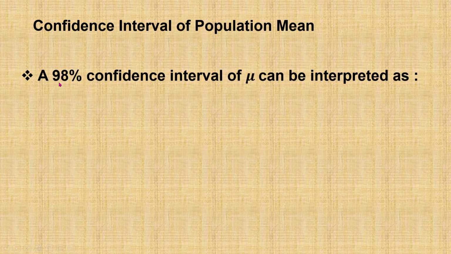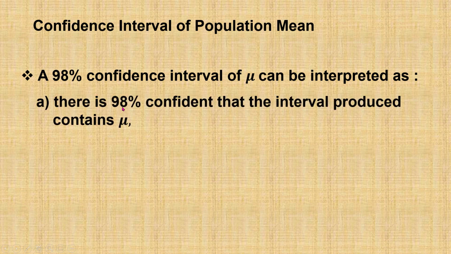Let's say a 98% confidence level is chosen. Then the interval produced is a 98% confidence interval to estimate the population mean. This confidence interval can be interpreted as there is 98% confidence that the interval produced contains the population mean.